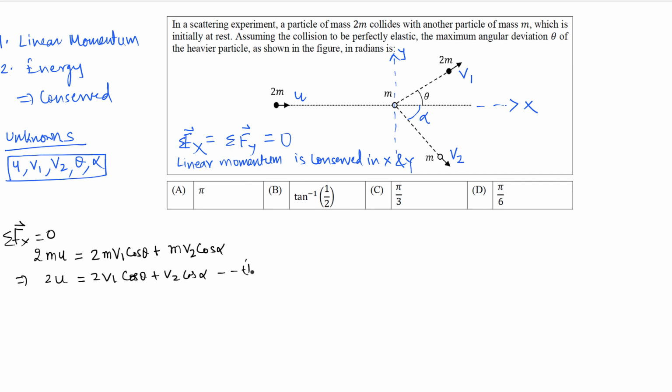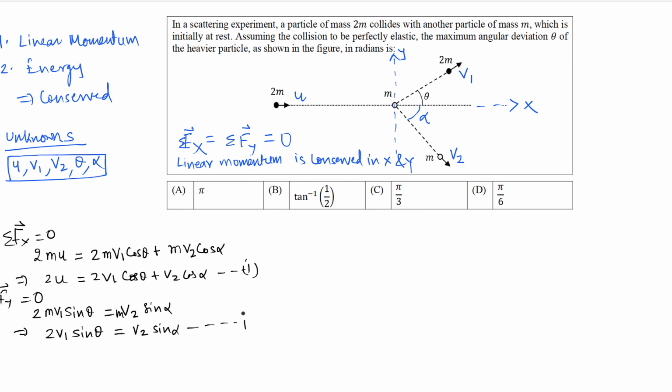Let's call this 1. We also have Fy 0, which means 2m v1 sin theta equals m v2 sin alpha. Therefore 2v1 sin theta equals v2 sin alpha.